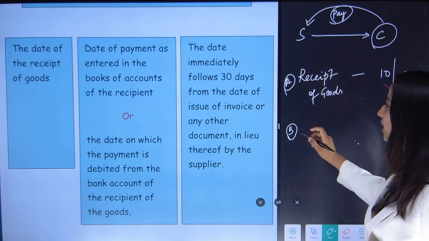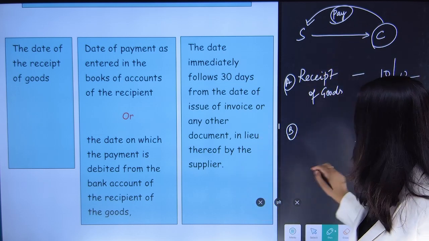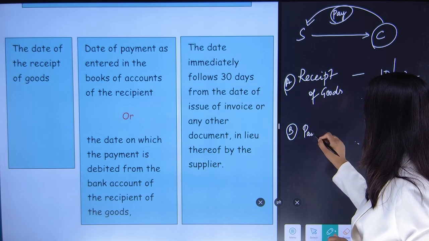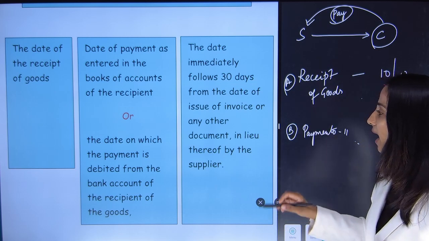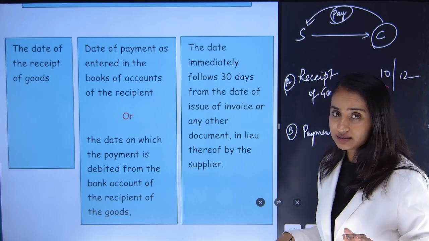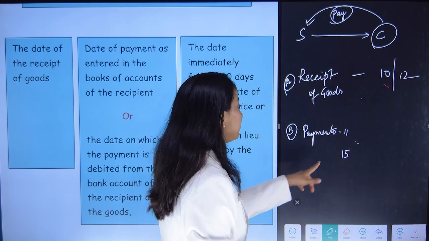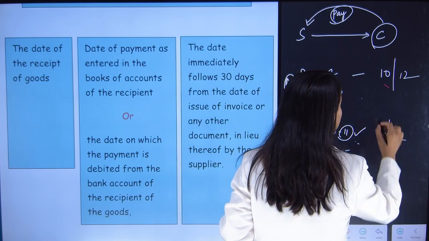So, when is he paying? You will see when it is actually entered in the books of accounts. Let's say in his payments ledger, he records this as 11th, but actually from his bank account it got debited on 15th. Earlier of these two, consider the 11th. So let's say this is 11th December.